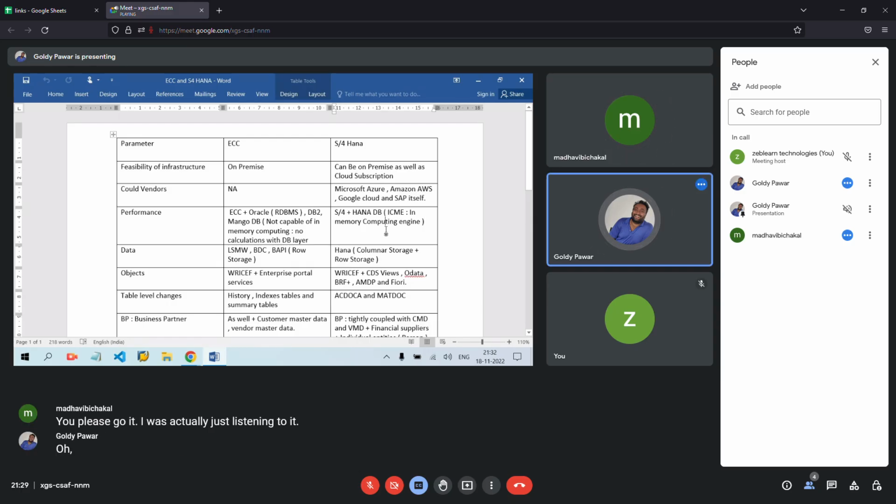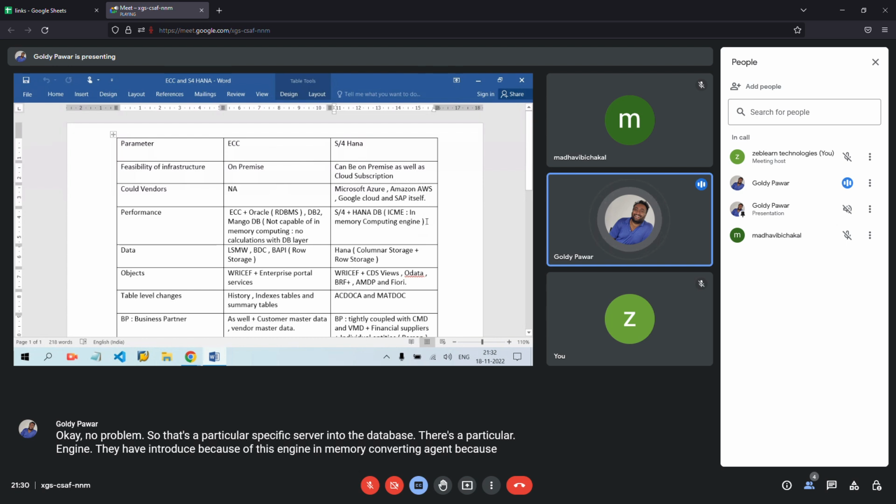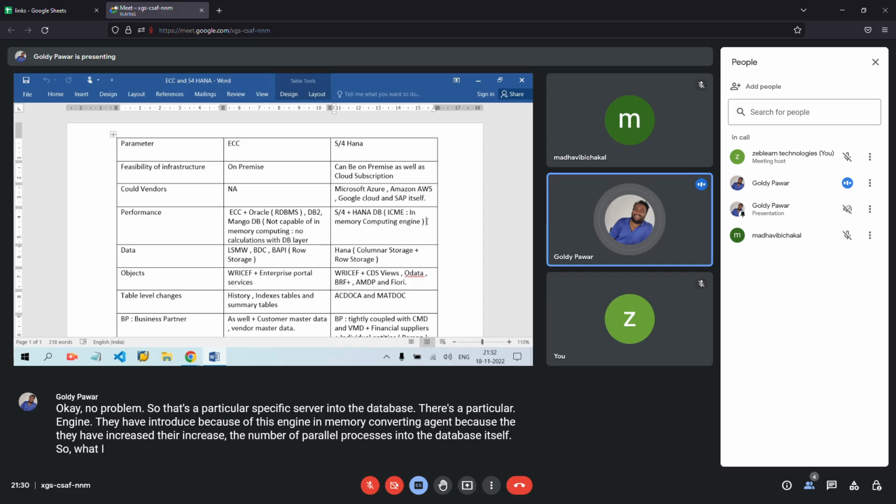Okay, no problem. So that's a specific server in the database, a particular engine they have introduced. Because of this in-memory computing engine, they have increased the number of parallel processes in the database itself. What ICME does is leverage each and every core of the processor.